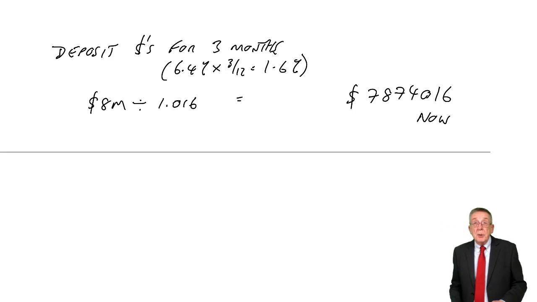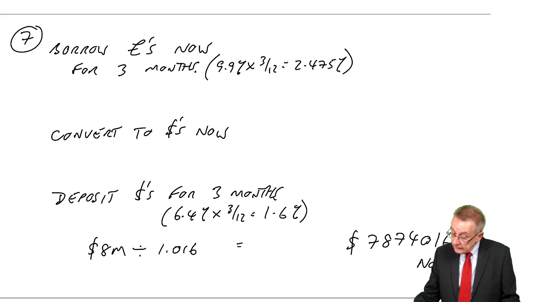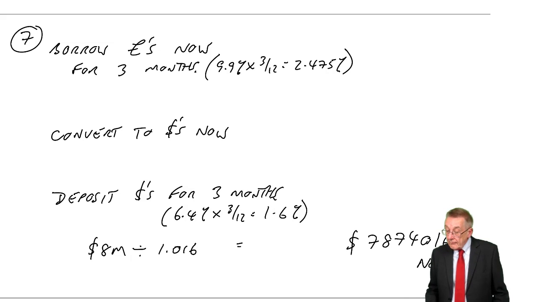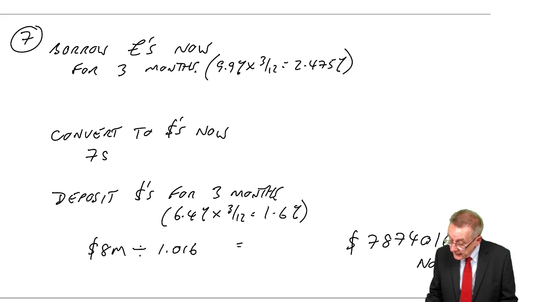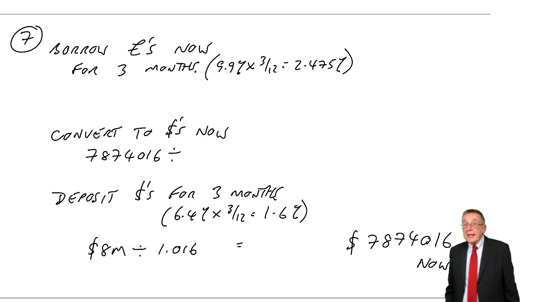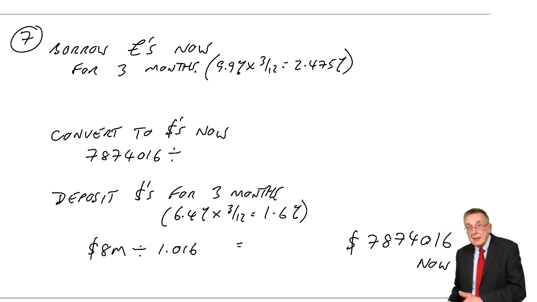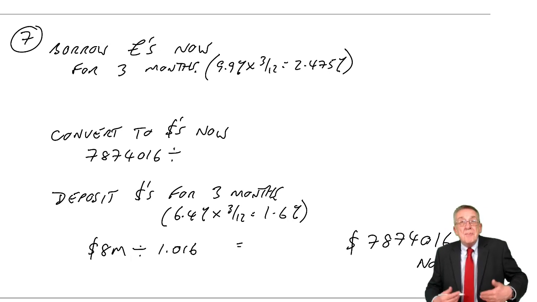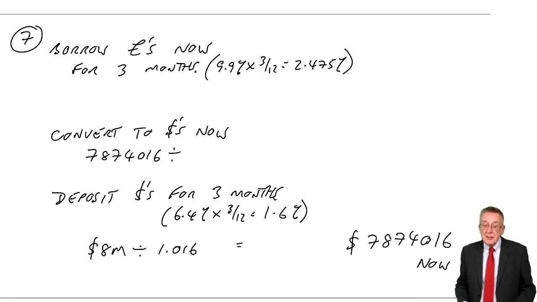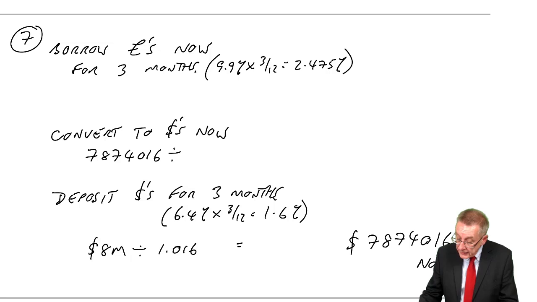Well, I need to get $7.8 million now, so we'll convert today. And at what rate will we convert? Well, don't forget, in order to be able to put $7.8 million on deposit, I'll need to buy $7.8 million, and therefore we'll convert at the buy rate 1.6201.